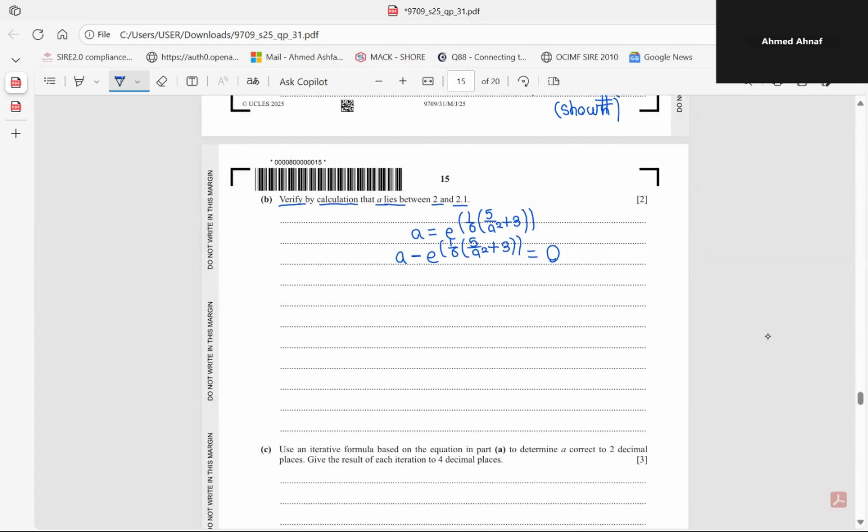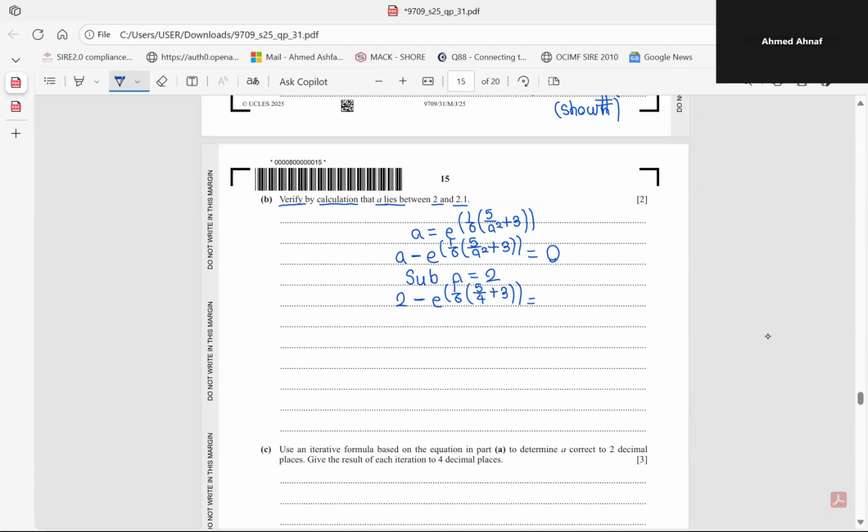Hence, now I'm going to substitute a equals 2. So this would be 2 minus e to the power of 1 over 6 times 5 over 2 squared, so 5 over 4, plus 3.